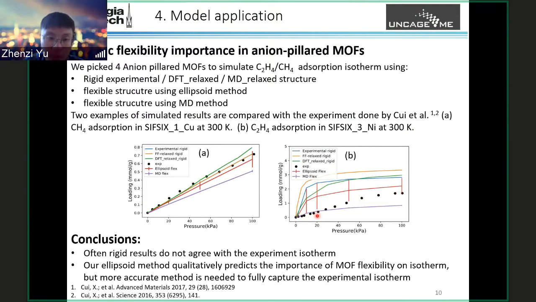So the conclusion from this slide is first, often the rigid results do not agree with experimental isotherms. And second, our ellipsoid method qualitatively predicts the importance of MOF flexibility on isotherms, but a more accurate method is needed to fully capture the experimental isotherms.